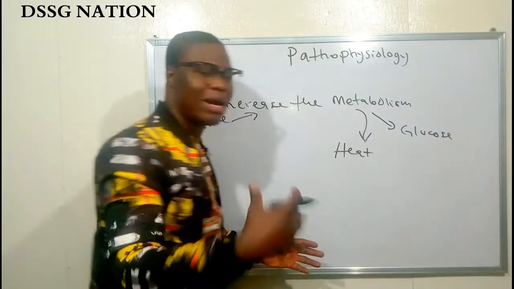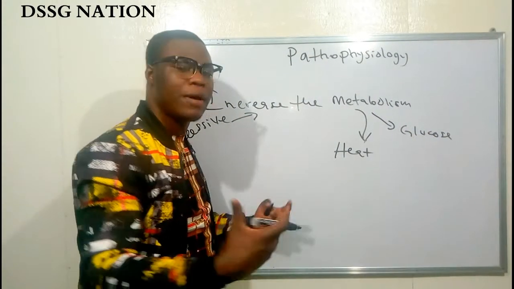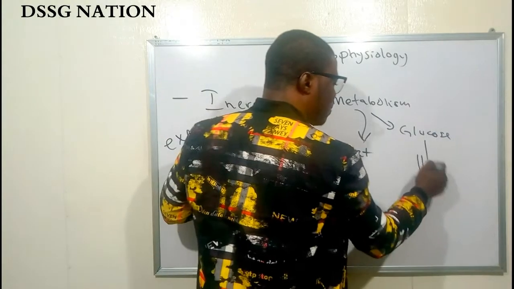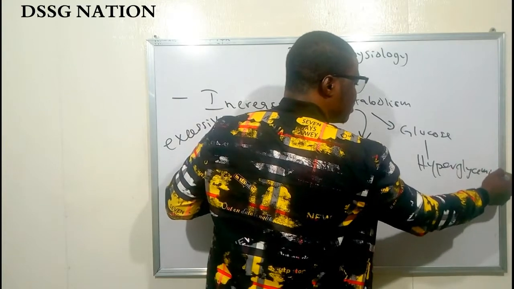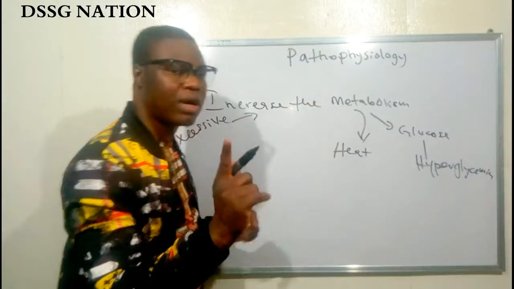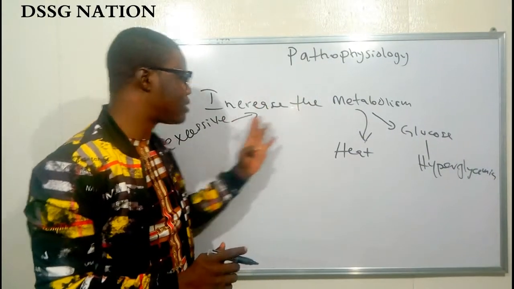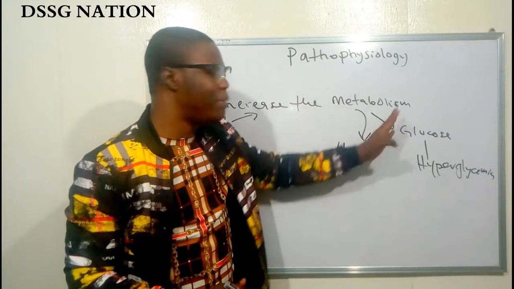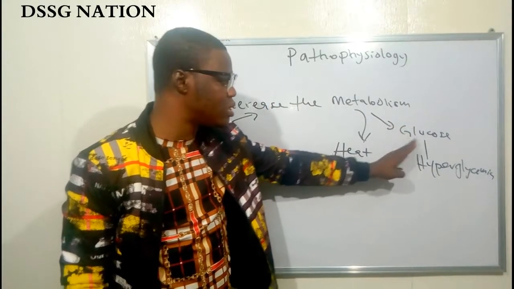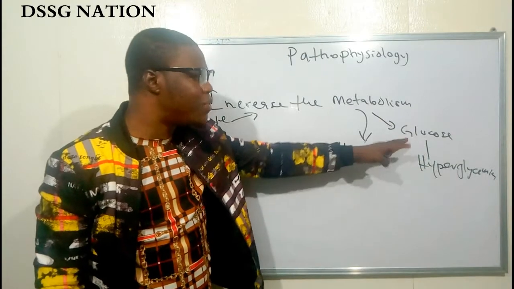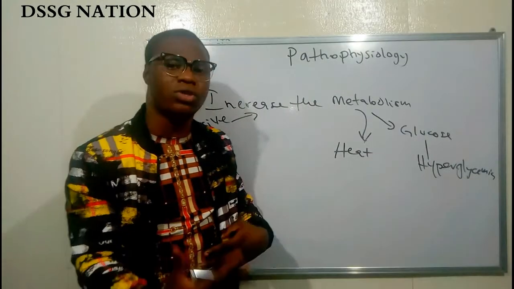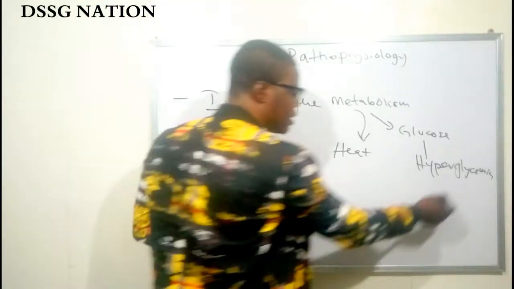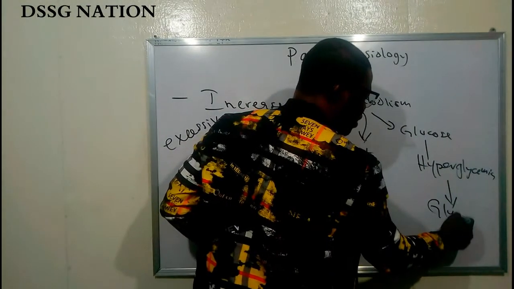So there will be a high amount of glucose in the person's blood, and that will lead to hyperglycemia. So an excessive increase in metabolism will lead to metabolism of carbohydrates, which will always give us glucose, leading to hyperglycemia. Now the body wants to excrete it, so when the person urinates, the person is going to have glycosuria.